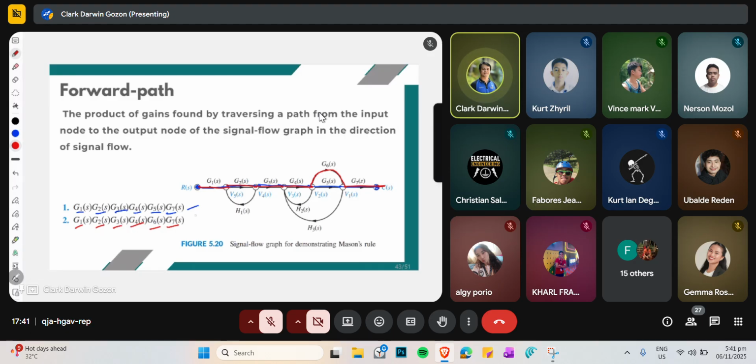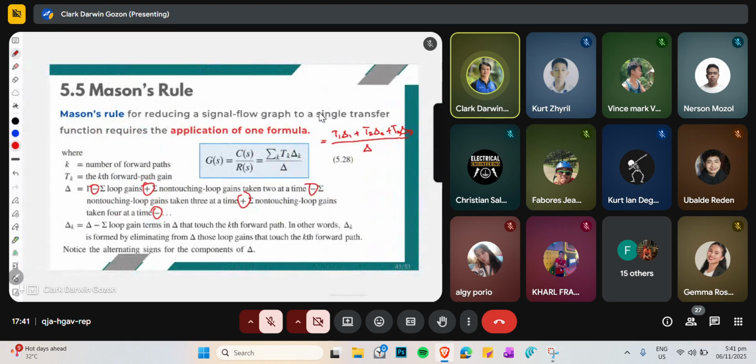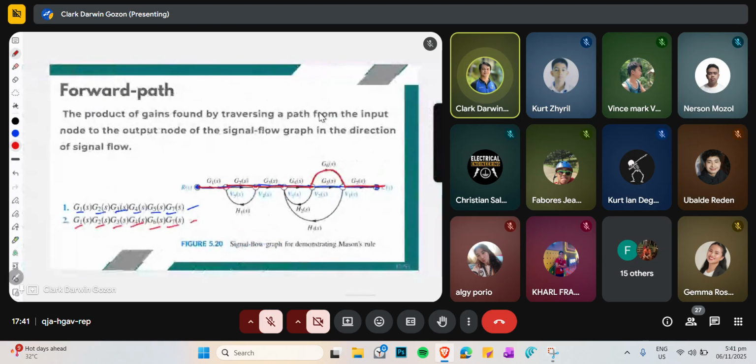So in this case, we have two kabuok forward path gains, so K is equal to 2. Gikan sa equation sa Mason's rule, K is the number of forward path gains. So expect nato T1 delta 1 plus T2 delta 2 all over delta.